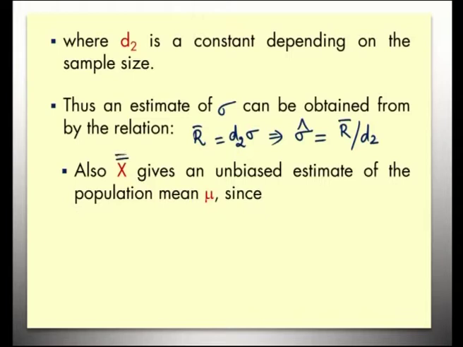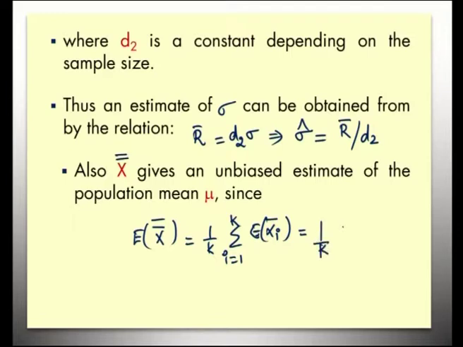Also, x bar bar gives an unbiased estimate of the population mean mu, since the expectation of x bar bar is equal to 1 by k summation i equal to 1 to k expectation of xi bar, which is 1 by k summation i equal to 1 to k mu, and since it is added k times, it is k mu by k, which is equal to mu.